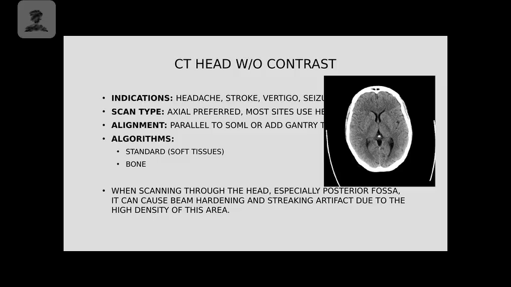When we scan the head, we will typically have to be careful about the posterior fossa where our temporal bones are, because that area of where the mastoid air cells and the petrous pyramids are, they're really thick and dense. And when we image there, a lot of times we'll see beam hardening artifact where we see a dark streak that runs across between the petrous pyramids.